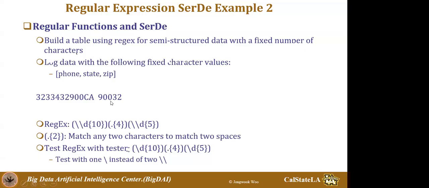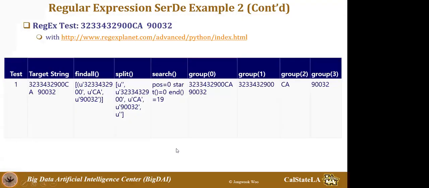You want to read any 4 characters after that. So basically, there are 2 spaces here. Even though it's hard to tell, you can read 2 characters and 2 space characters because you said you want to read any 4 characters here, right? And then the remaining one is also very easy. You can just read 5 digits, right? So once you have this pattern, you can easily create the table when you create a table.